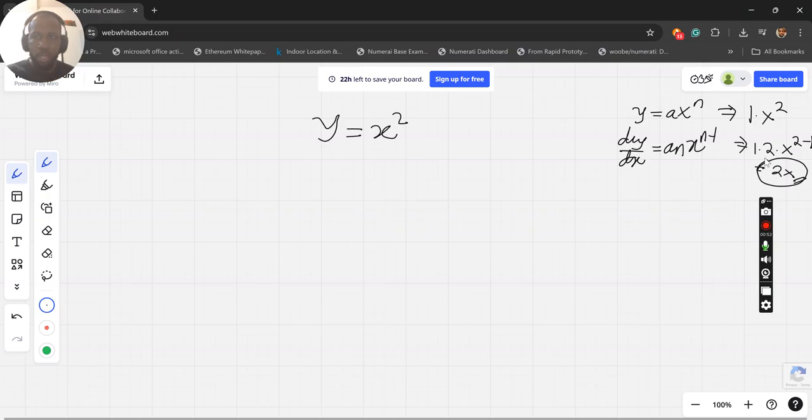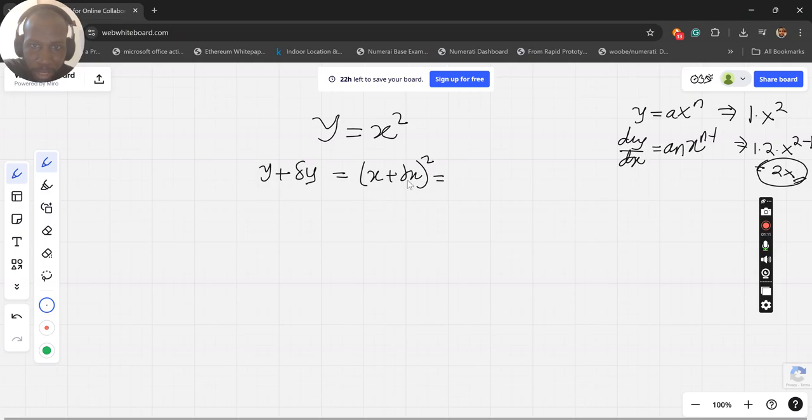But if you want to go with the method of from the first principles, we have in this case y equals x squared. So we have an ever so slight change in our y: y plus change in y is equal to x plus change in x, all squared.